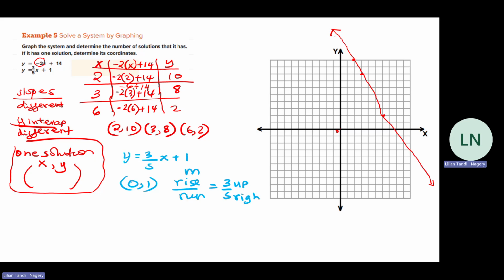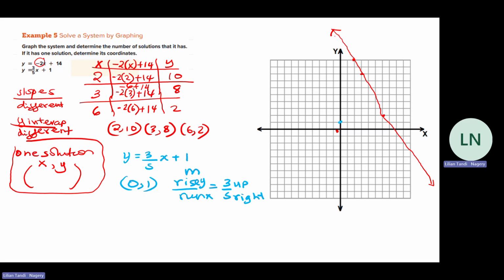How do I know? My number is positive, I will go up. The bottom number is positive, I will go to the right because this represents x and this represents y. Okay? So I will go to 0, 1, which is here.